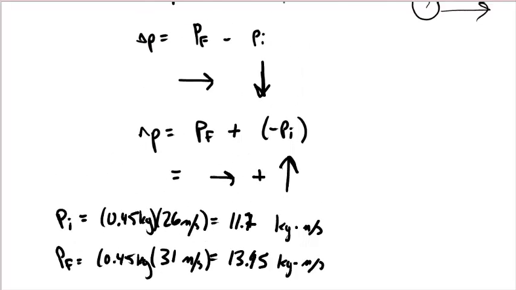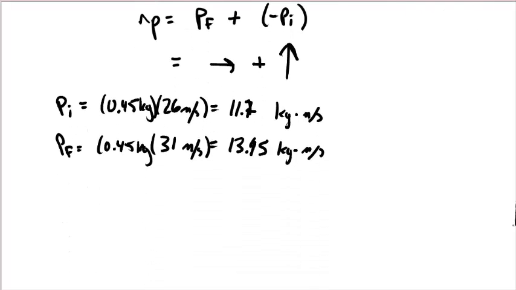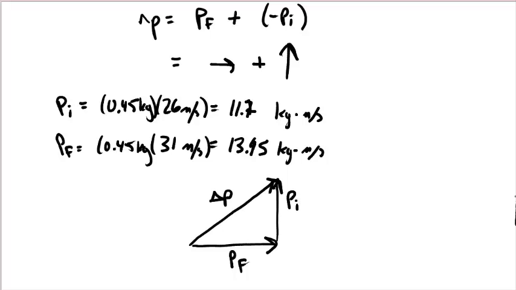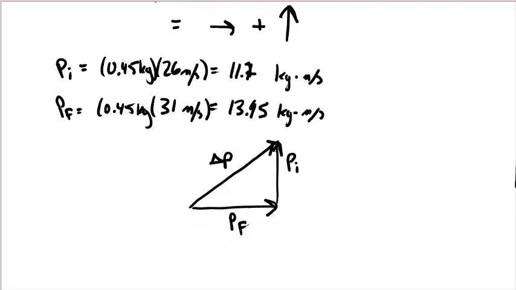So I will use Pythagorean theorem here, and we'll say that if we add head to tail, this is P final, this is P initial, will give us the change in P, or the impulse.